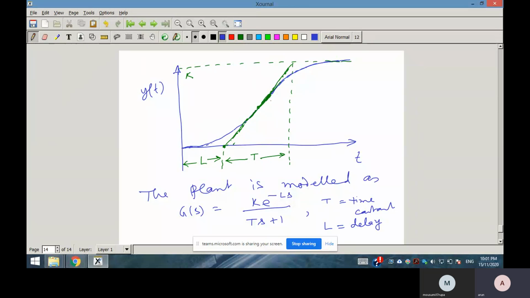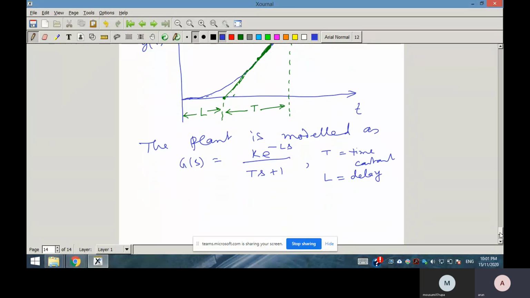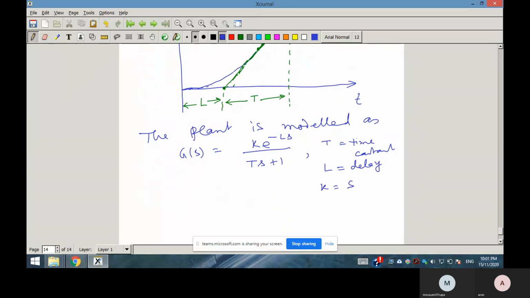So this is the first order time delayed model, and K is the steady state value. So this is your first order time delayed model system.